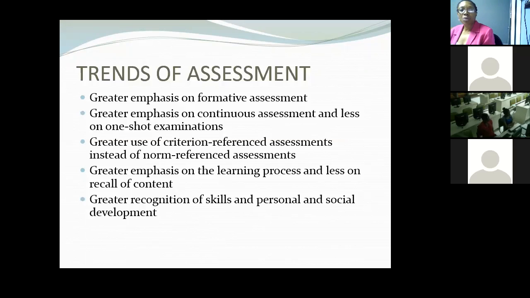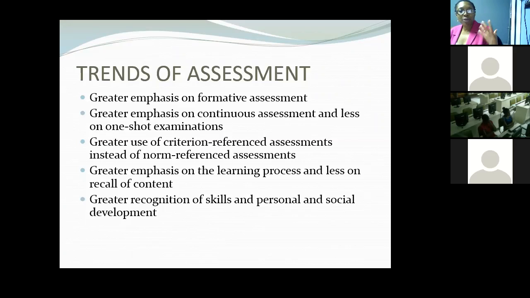And so constantly various curricula are being changed. And one of the reasons for the changes is what you have on this slide, that there are various trends that have taken place over the years in assessment, and these are some of the trends. And because we have these trends, we have a different approach to assessment continuity.